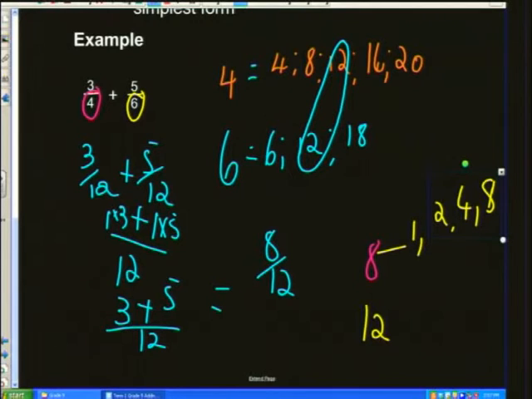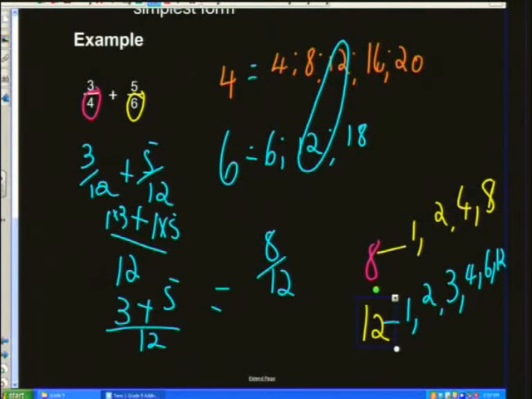Now I've got the factors of 8. I'm going for the factors of 12. So the factors of 12: 1, 2, 3, 4, 6, and 12.